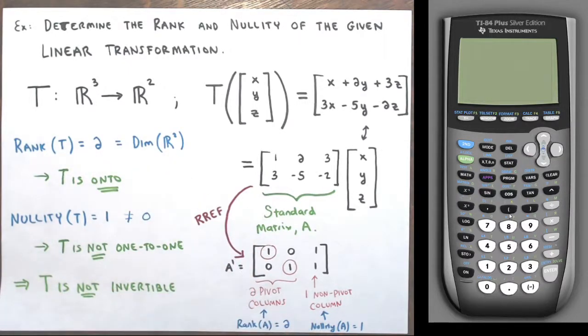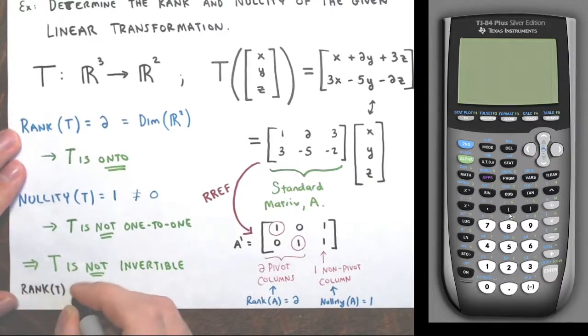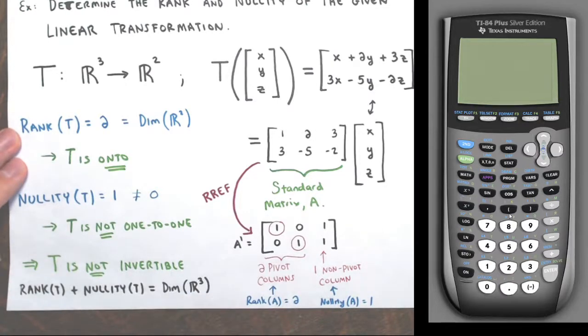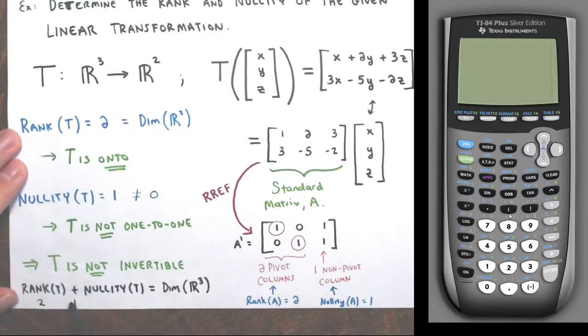And then look, the Rank-Nullity Theorem coming into play. The rank of the transformation plus the nullity of the transformation is equal to the dimension of the domain. That's what I said earlier for the rank nullity. The domain here is R3. 2 plus 1 is indeed equal to 3.